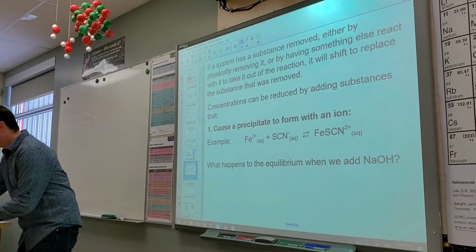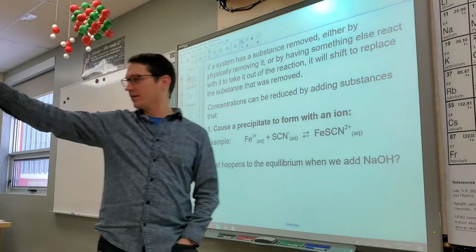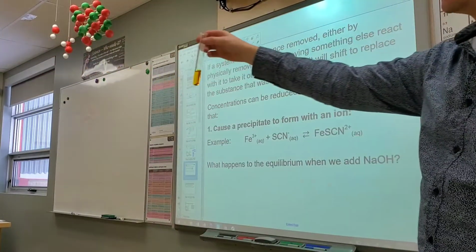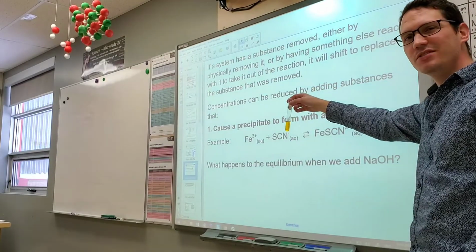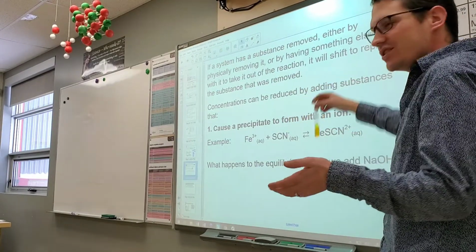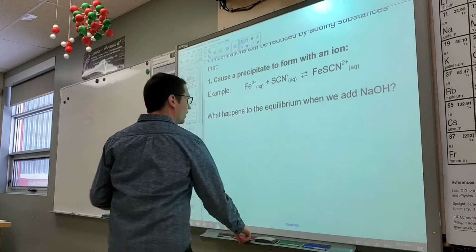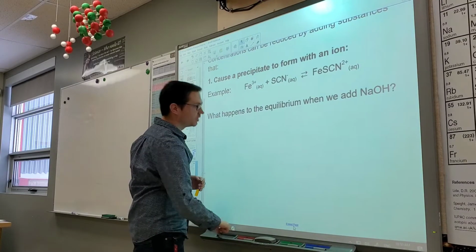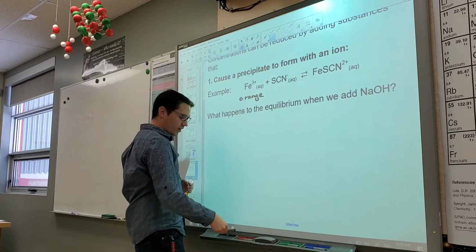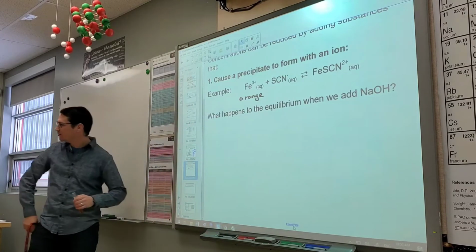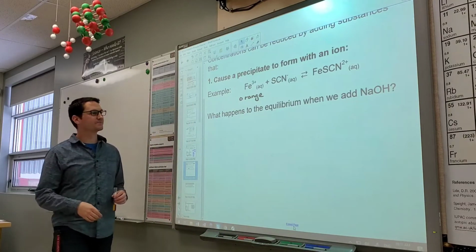In my iron 3+ ions, what color are these iron 3+ ions? Would you agree they're kind of orange? Yeah, orangish yellow. Okay, all right, sure. Let's call them orange, just for the sake of argument, because we've got to pick a color, and I'm not very good at being in between colors.